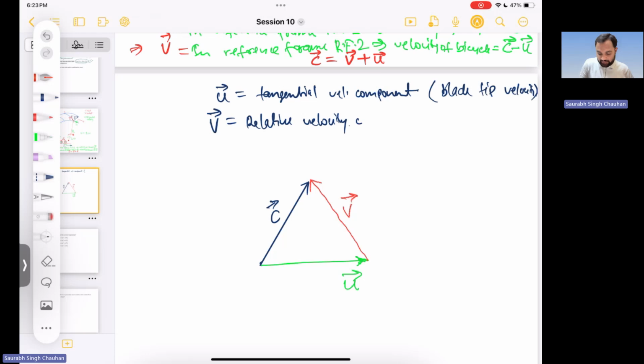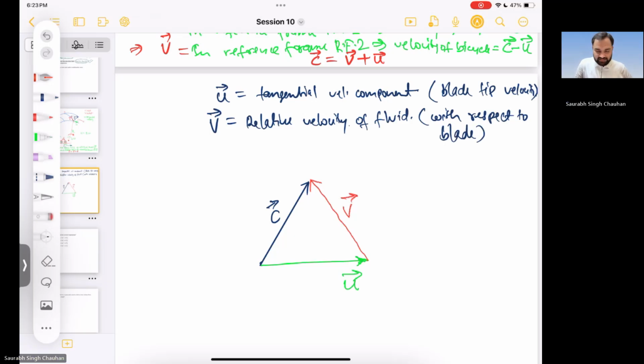In what reference frame? In the reference frame of this blade. So let me write: with respect to rotor or blade. The blade and rotor are fixed together. And C is the absolute velocity of fluid.